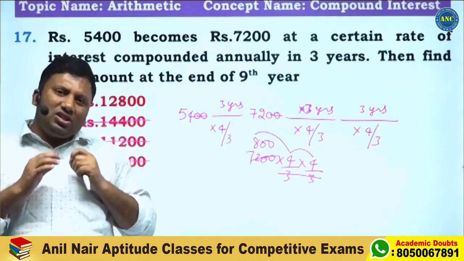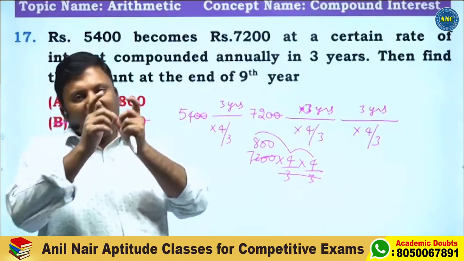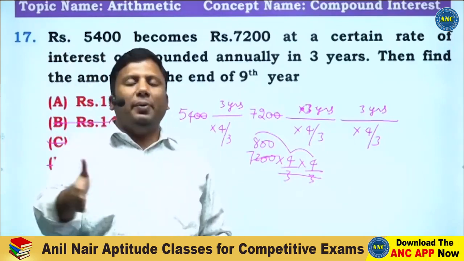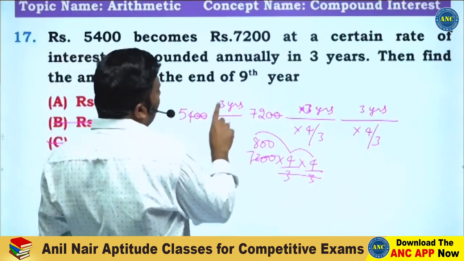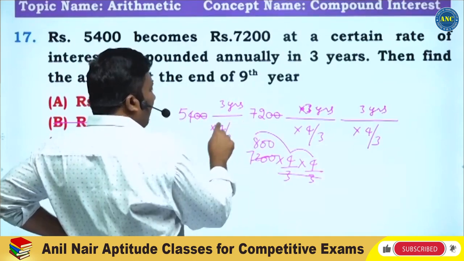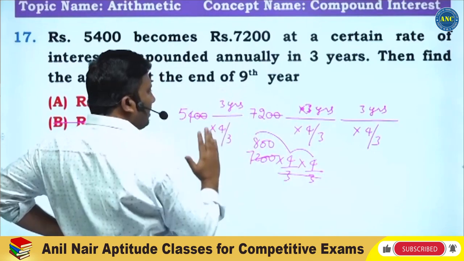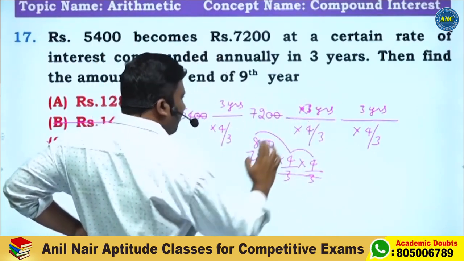Very, very simple concepts. For a certain time period, if a scaling factor has got a value, for the same time periods the scaling factor will get repeated. 5,400 is becoming 7,200. 18 3s are 54, 18 4s are 72. It is into 4 by 3. 3 years it is 4 by 3.